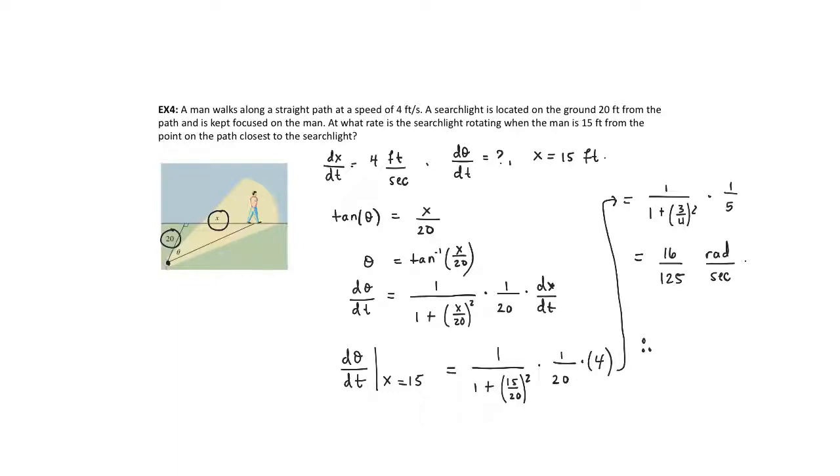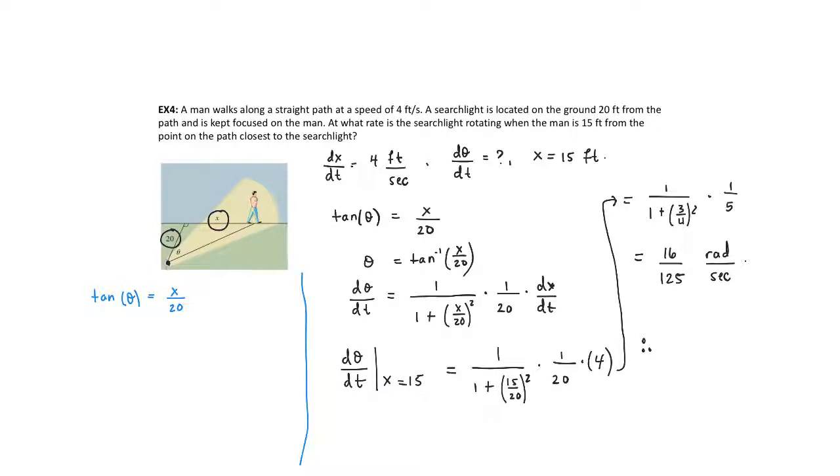Another way to do this problem, and I'm going to do it here on the left side in blue, is to, again, begin with the same relation, that tangent of theta is equal to x over 20. And then instead of using the formula for the derivative of an inverse trigonometric function, we're just going to differentiate implicitly.